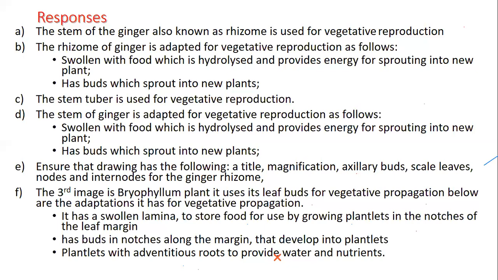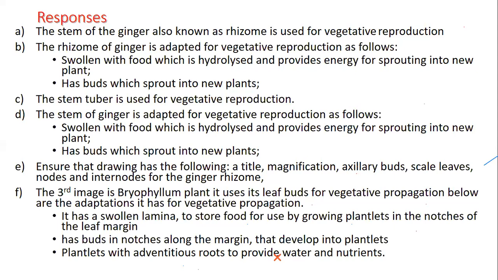So here we see that the stem of the ginger, or the rhizome, is one that is used for vegetative reproduction. So the plant that you are given, you notice it has more than just a stem. It has also some other parts. But which part of that plant particularly do we put in the ground and then we get another plant? That's what the question wants.